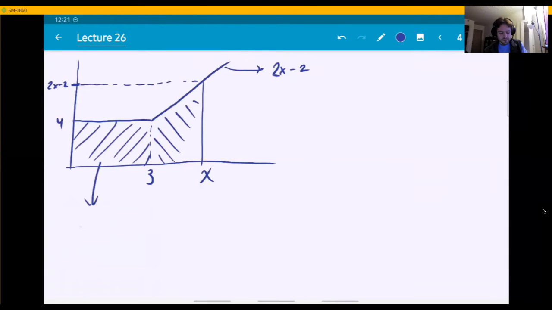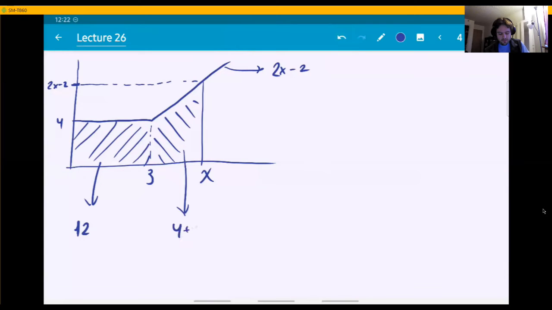Well, the rectangle is 12, because you have 3 times 4. And the trapezoid is going to depend on x. If you remember the area of a trapezoid, you have to add the 2 bases, the 2 parallel sides. So let's do that. This one is a length of 4. This one is 2x minus 2.